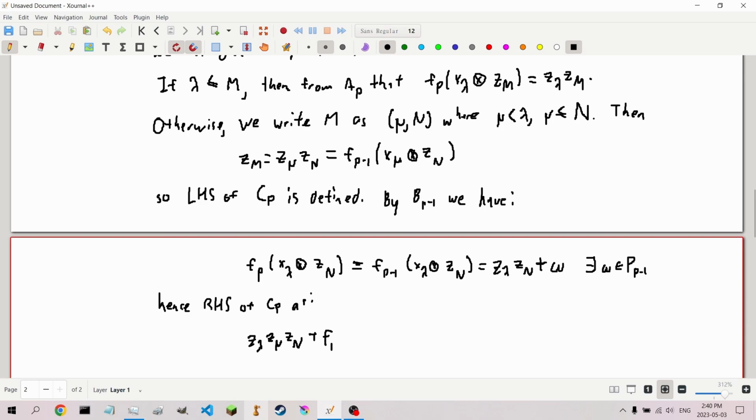So f to the p minus 1 x mu tensor with this w plus f to the p minus 1 the tensor of x lambda x mu with z of this series n.